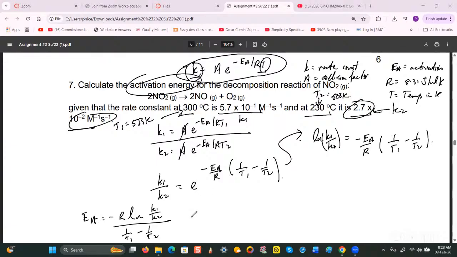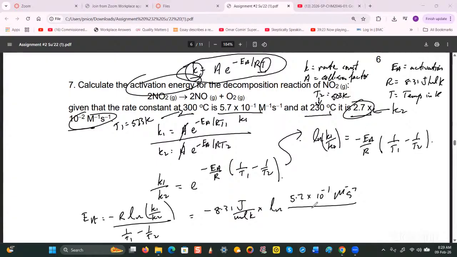So we just put the numbers in, minus 8.31 joules per mole Kelvin, multiplied by ln K1, which is 5.7 times 10 to the minus 1, m to the minus 1 s to the minus 1, divided by K2.